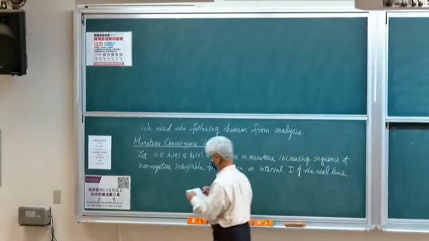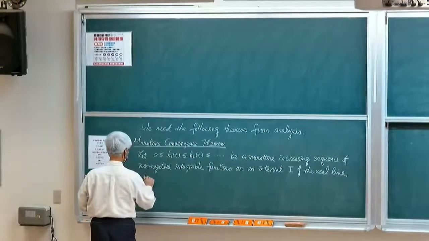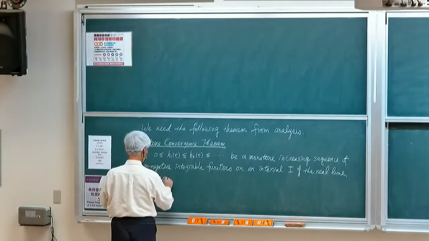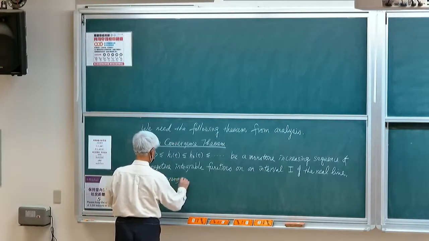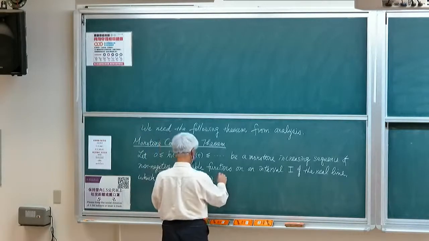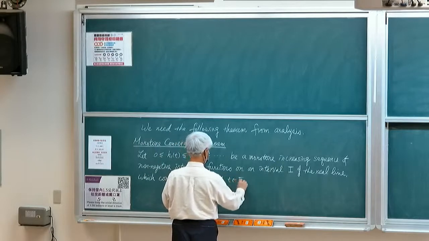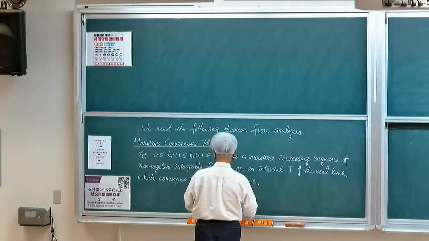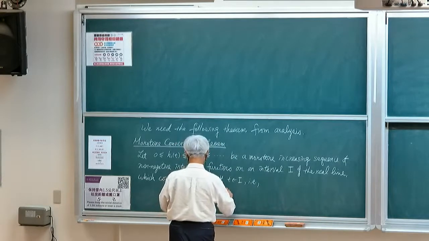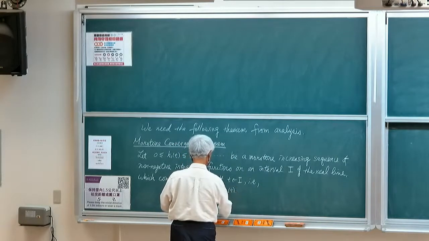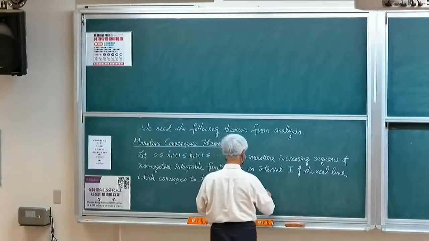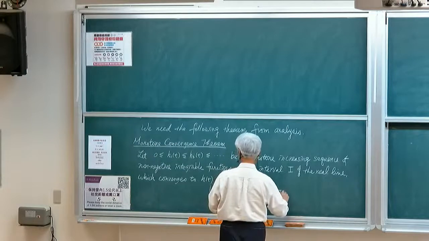And which converges to h(t) for all t in I, i.e. the limit of h_n(t) as n goes to infinity is equal to h(t).